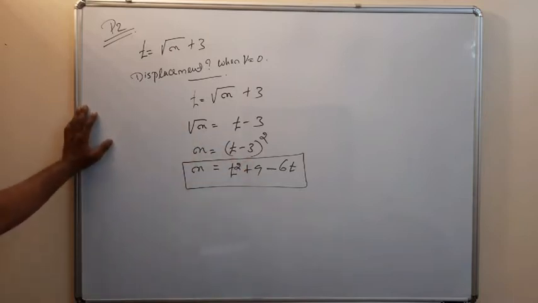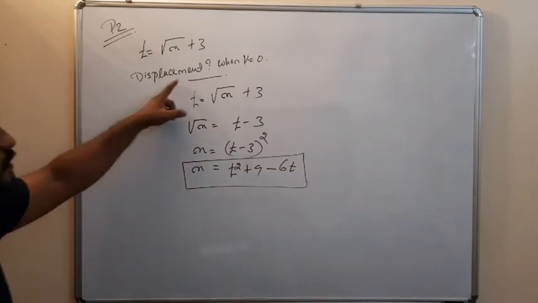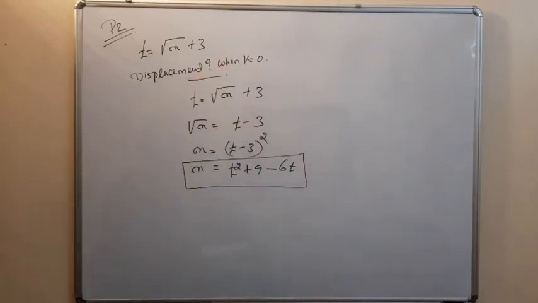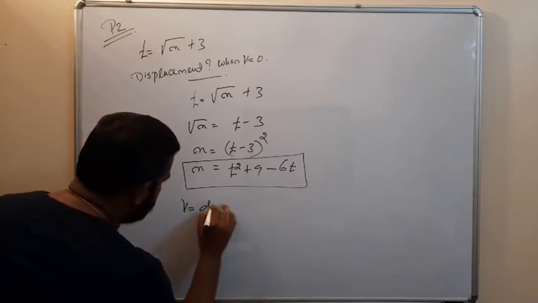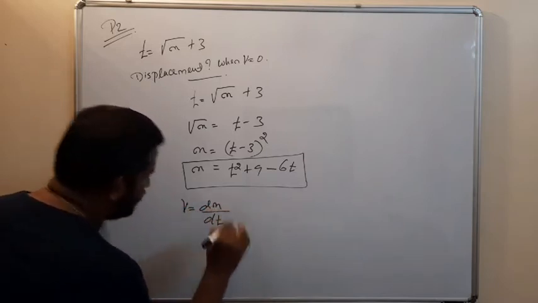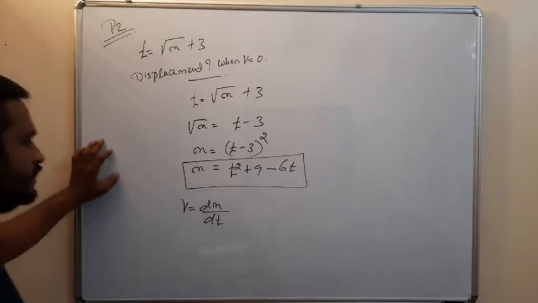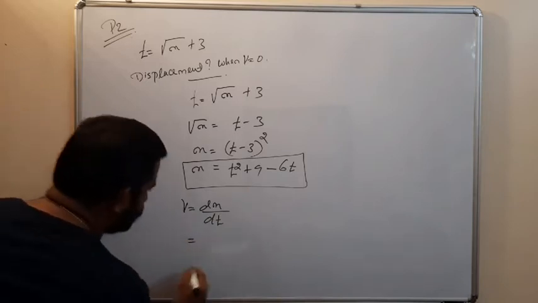So we have to find the displacement when velocity is equal to 0. Next we have to find the velocity. So v is equal to dx by dt.